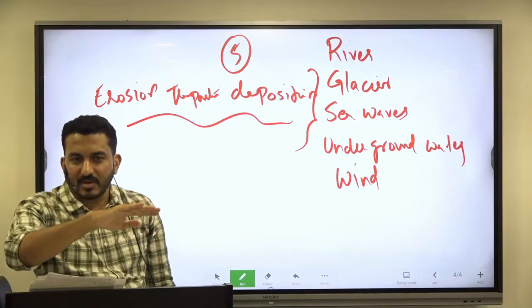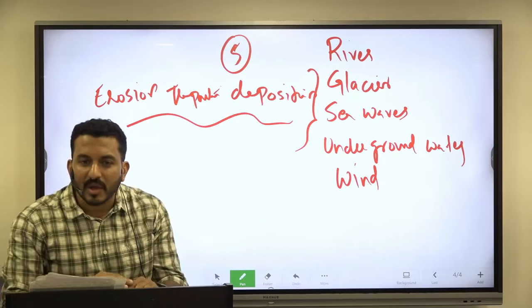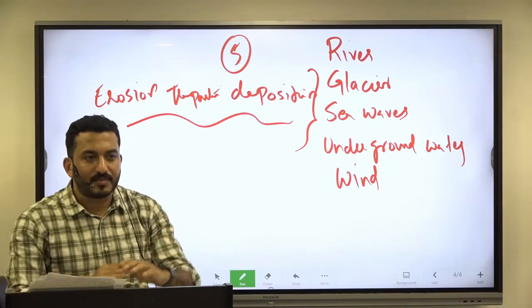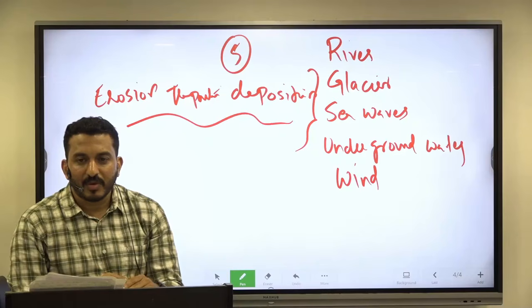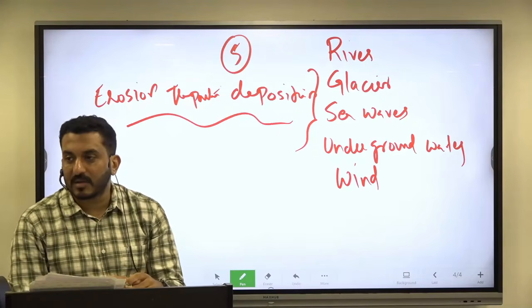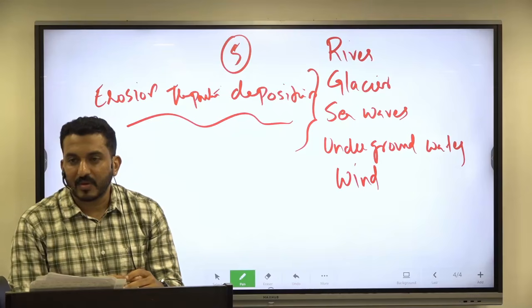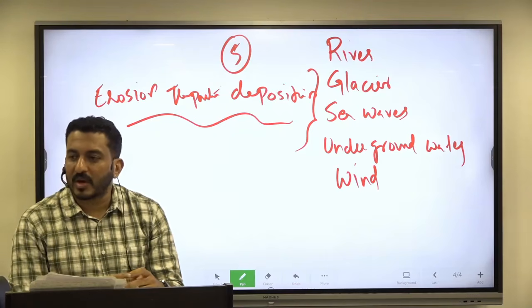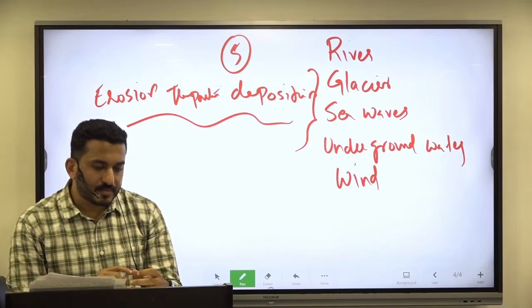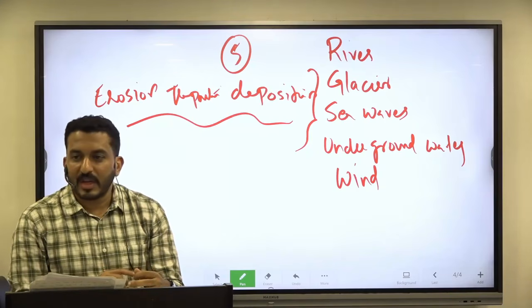So what is the exogenic agent trying to do? Exogenic agent is trying to level the land. So exogenic agent is involved in a leveling task.